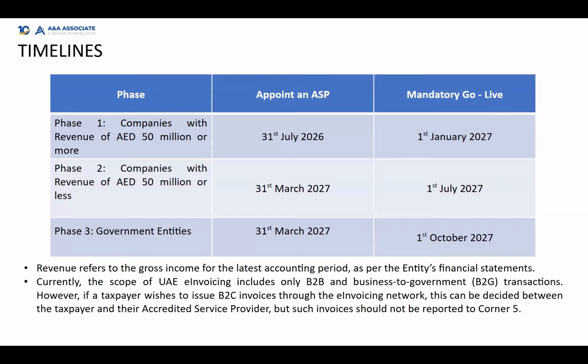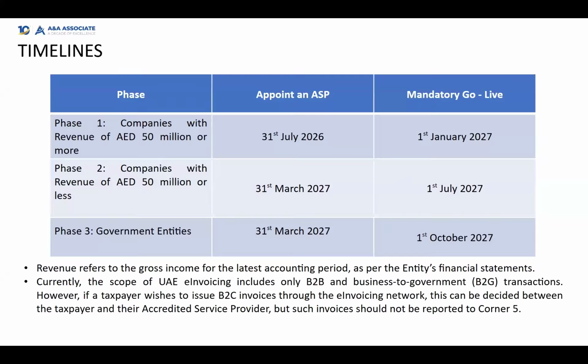The second phase that we'll talk about is your small and medium-sized enterprises. Now, this is for companies having revenue less than 50 million. So for them, it is mandatory to appoint an ASP by 31st of March 2027, and they will have to start issuing invoices from the 1st of July 2027. So basically, the authorities here are giving us a certain additional time for the smaller businesses to integrate their systems and processes.